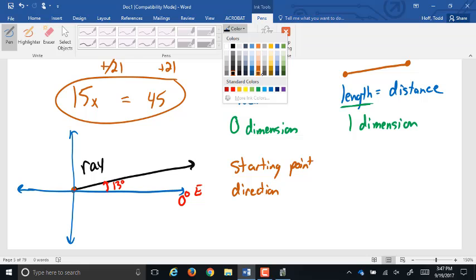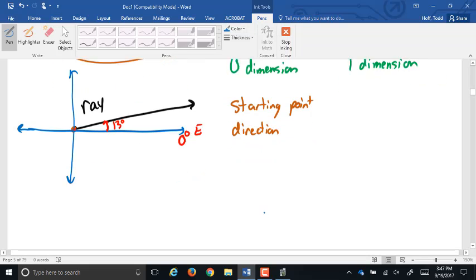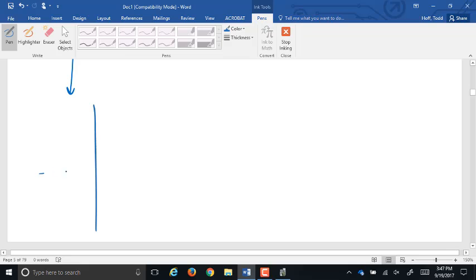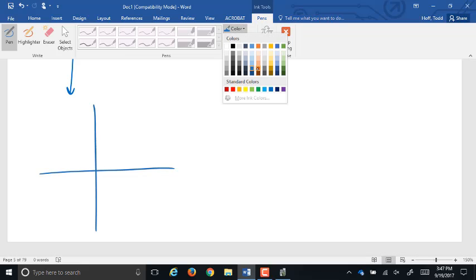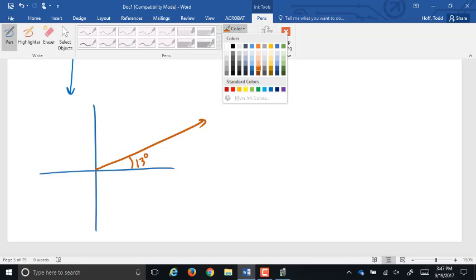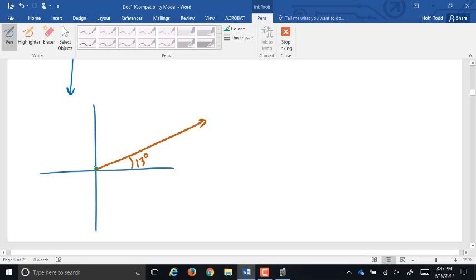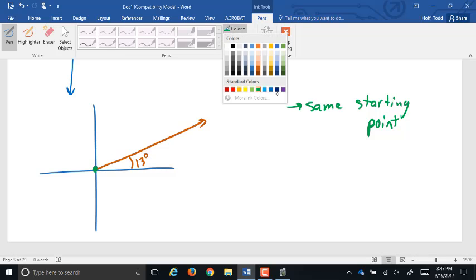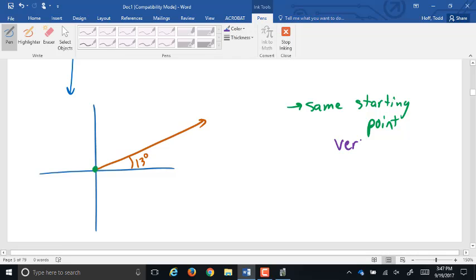And to define an angle, what they did, if they had that common starting point here, let's say they had that ray coming off here, let's say this is still 13 degrees, then a second ray that came from the same starting point. That common starting point is called a vertex.